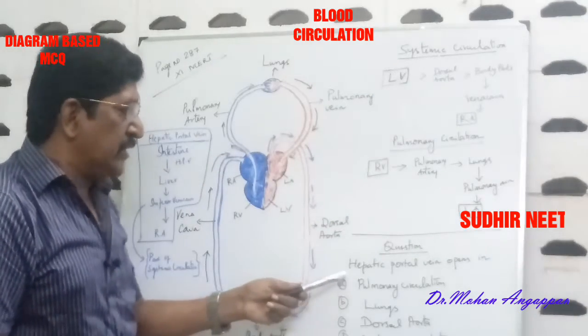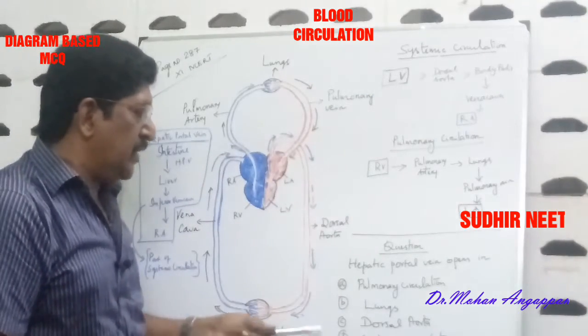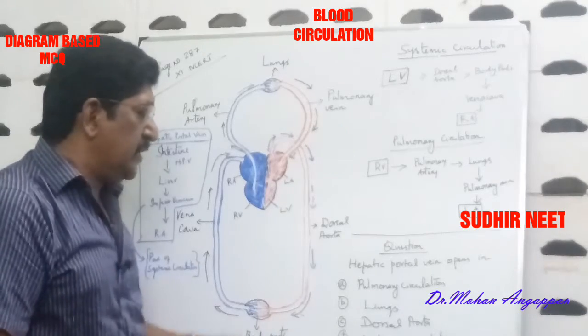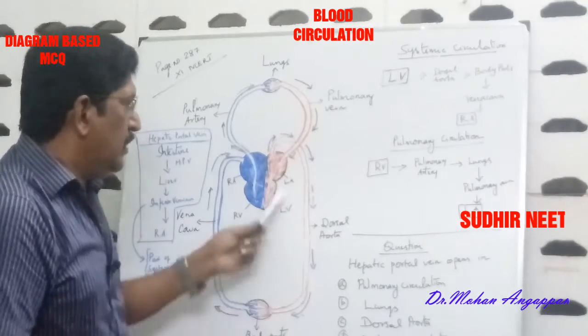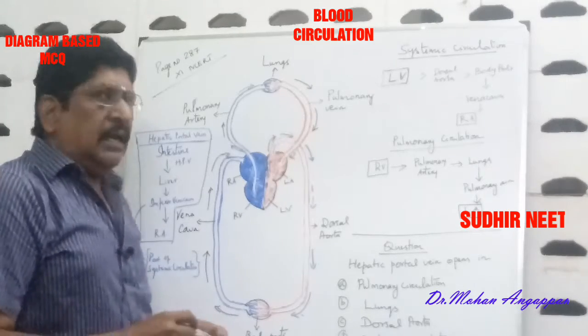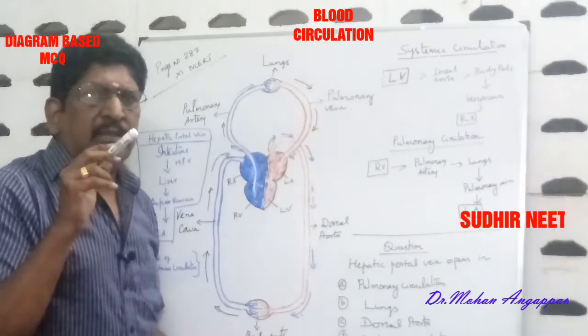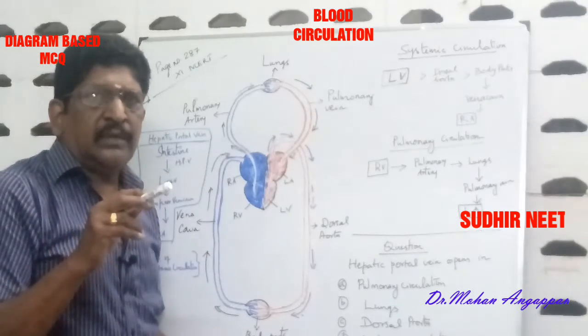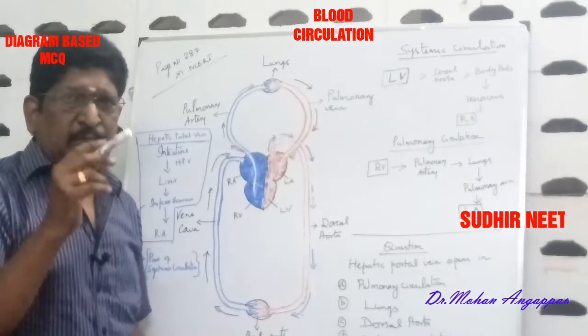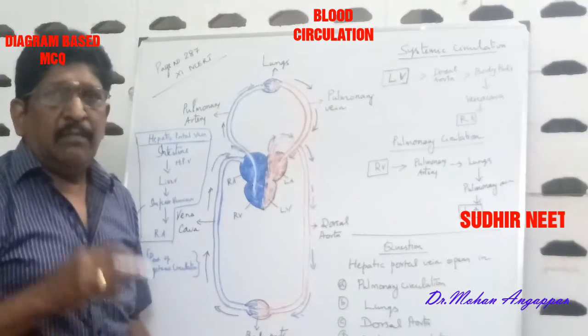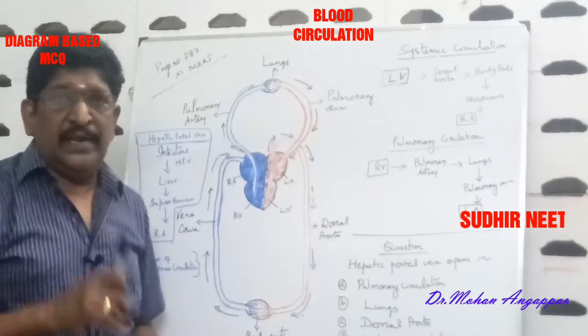In the question we have explained what is pulmonary circulation and what is systemic circulation and where the dorsal aorta arises. You must know 3 blood vessels: artery, capillaries and vein. Arteries actually take pure blood, veins carry impure blood.